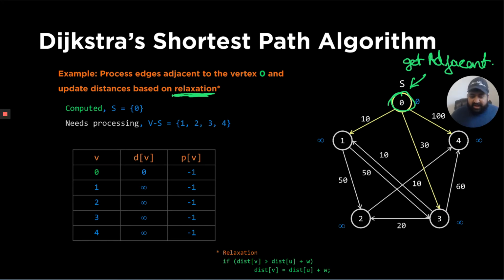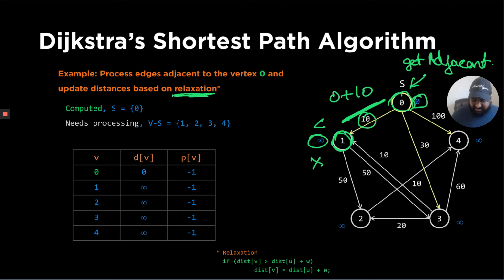The idea behind relaxation is that if we have a vertex called x, and the distance to that vertex is greater than the predecessor's distance plus the weight of the edge from the predecessor to the current vertex, then we are going to swap the values of the distances. If you have the distance 0 and an edge weight of 10, you sum these two up, which is 0 plus 10, and compare this with the current distance.